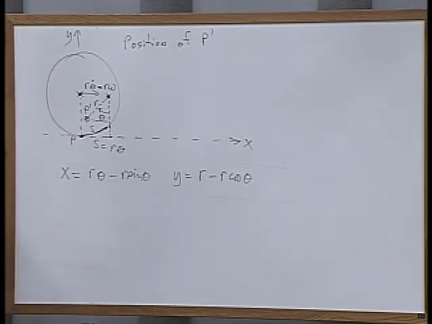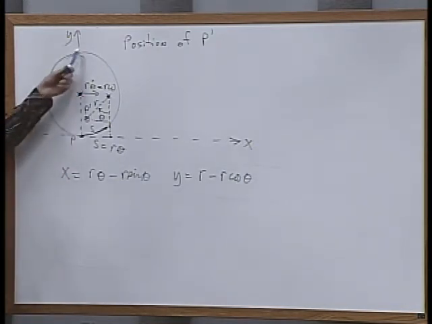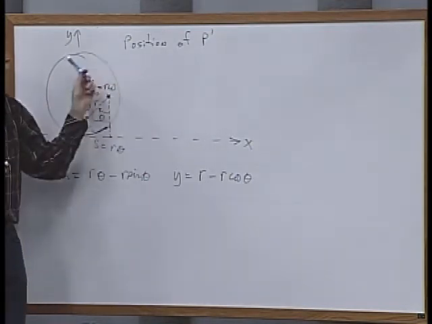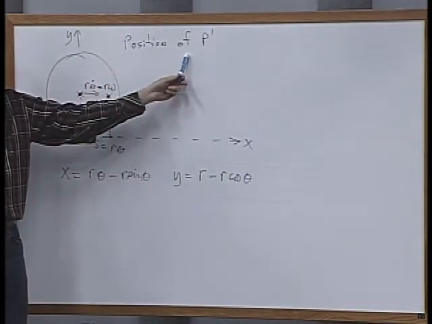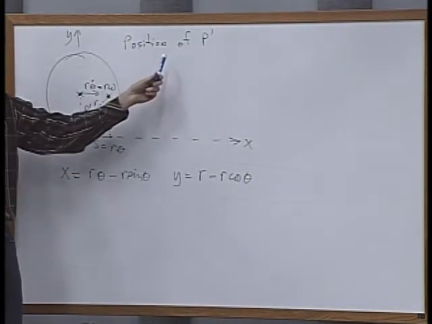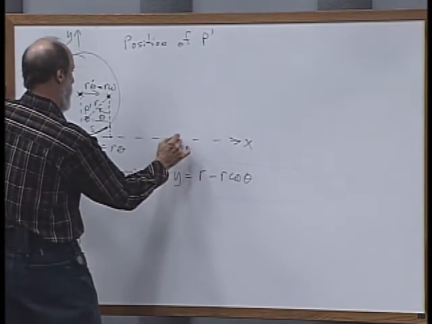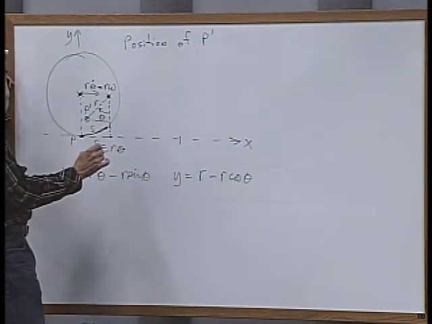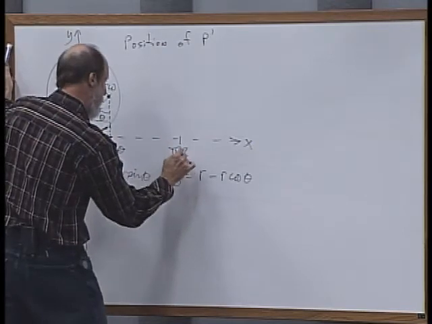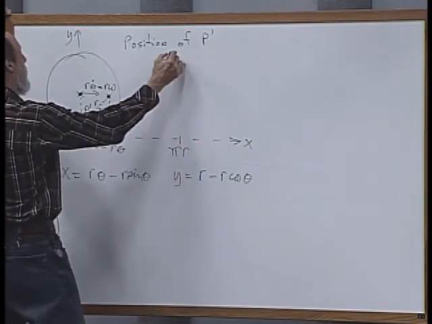I don't like to use this colored marker because it doesn't erase well, but I want to plot this path. For this point P to end up at the top of the wheel, how far down the road do you have to go? One half of the circumference, right? Half of 2 pi R is pi R. I have to come down the road pi R distance for P to be up here at the top.